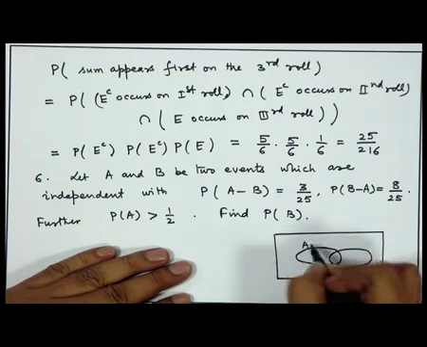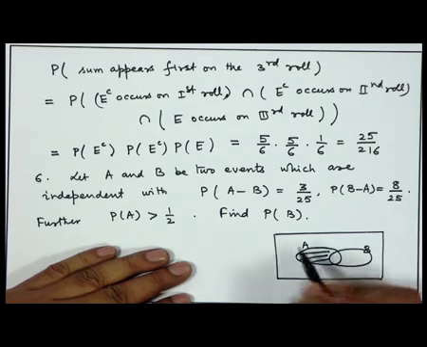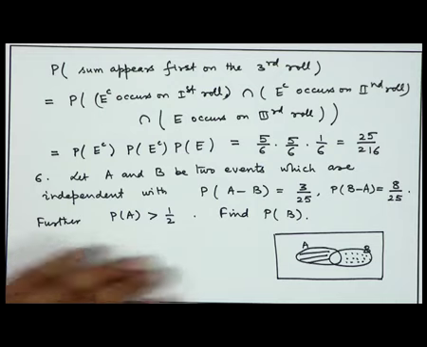So, suppose event A is here and event B is here, then A minus B is this term. This probability is given to be 3 by 25 and similarly, B minus A becomes this. So, these are the values that are available to us.